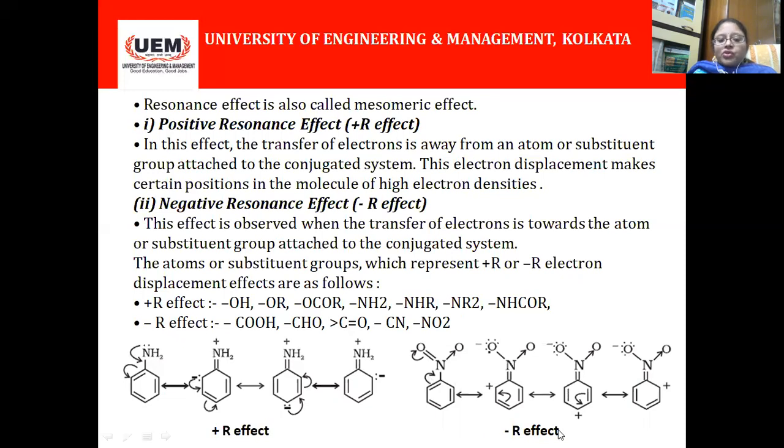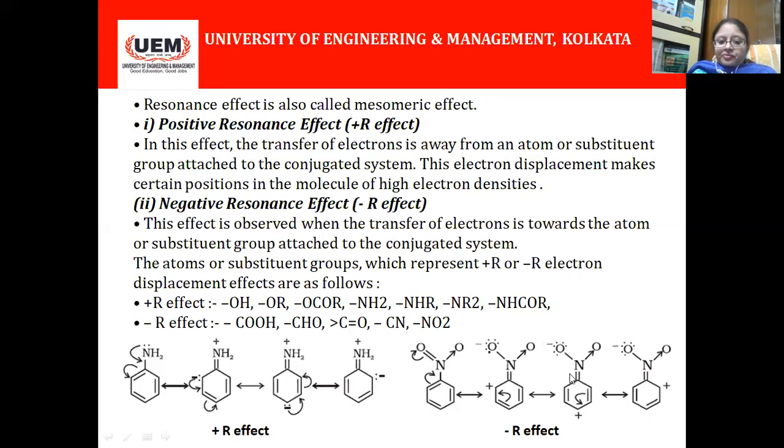What is negative resonance effect? In case of nitrobenzene, what is happening over here? The electron from the benzene ring will migrate towards the nitro group, because it is pulling the electron towards itself. So the nitro group itself becomes the negatively charged group.